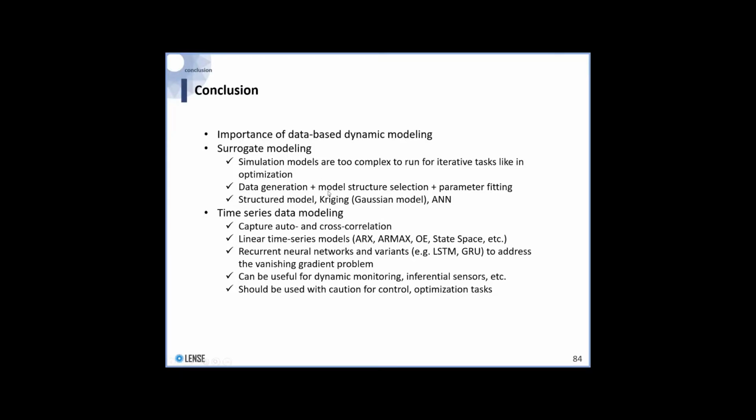Then you have to select a model structure. We talked about different model structures: you could use some fundamental knowledge, like the Clausius-Clapeyron equation that I used for the capture process, or something black box like kriging. And then you have to do parameter fitting. Then I went on to talk about time series modeling.